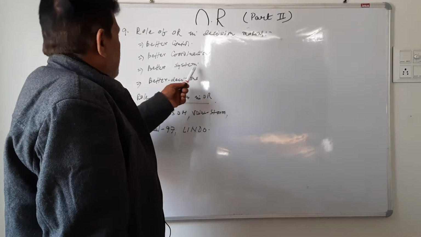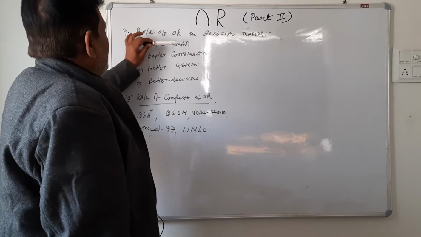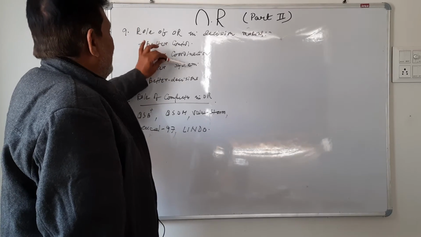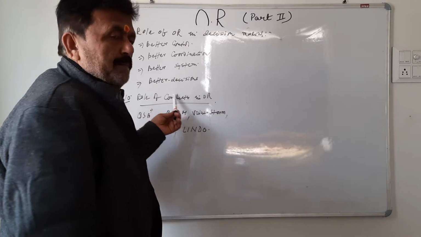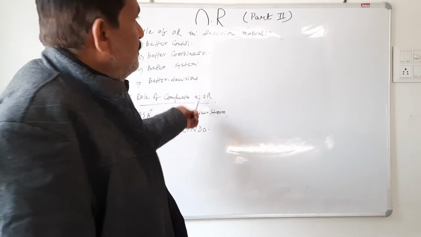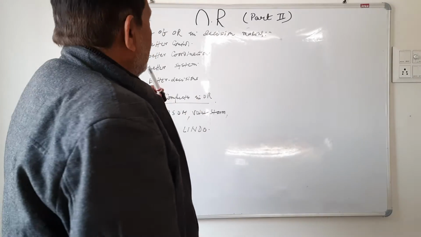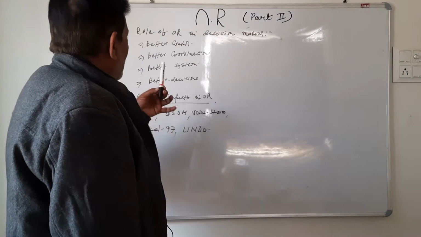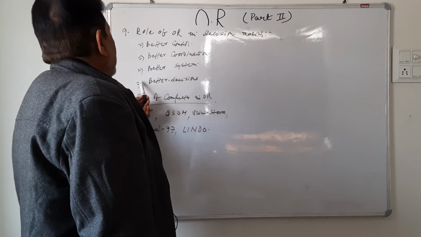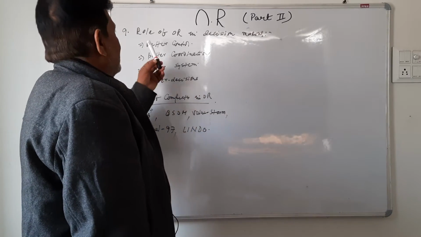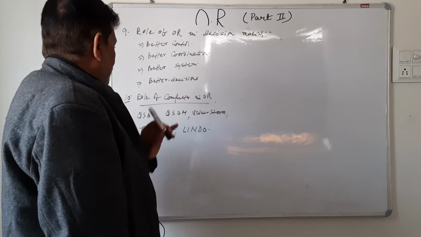So we have a better system, and if these three things are improved and developed, finally with the help of these three, we could have better and improved decisions by using OR. So when an organization uses OR in this way, it affects the decision making of the organization. So this is the role of OR in decision making.